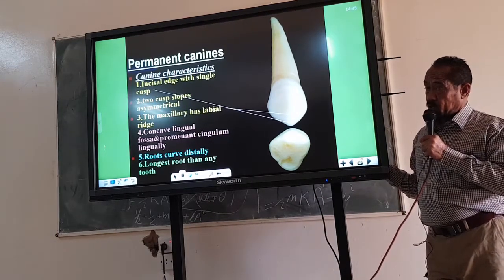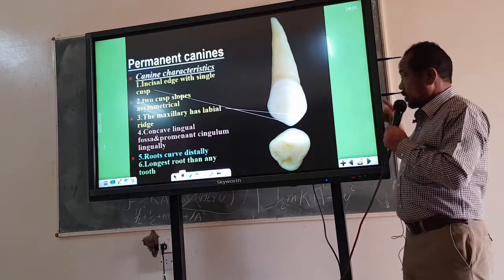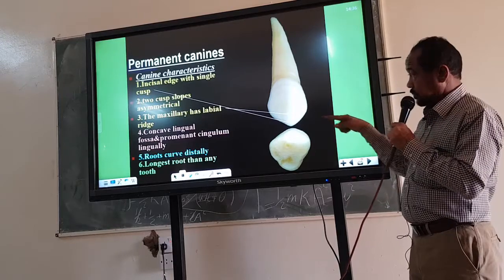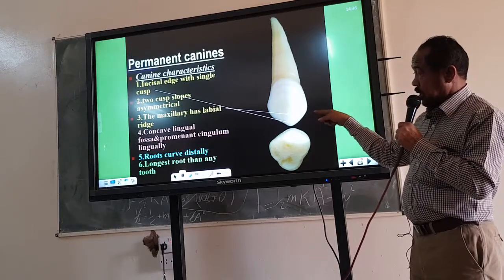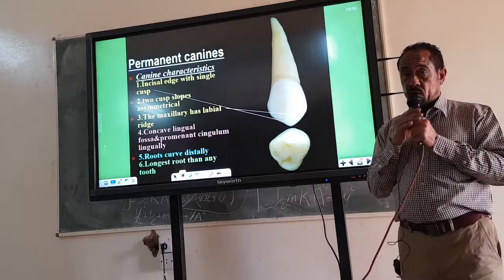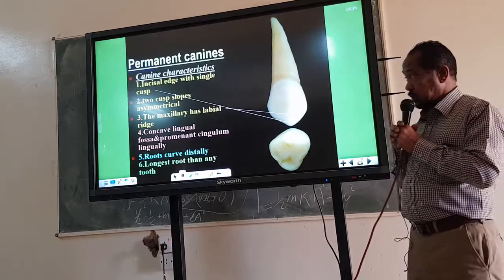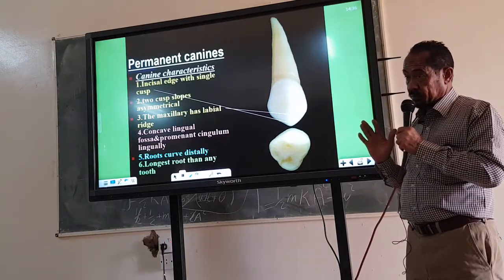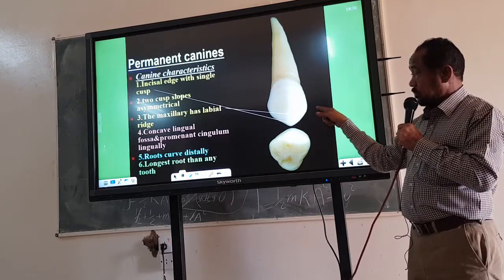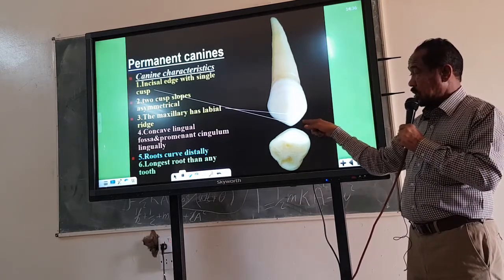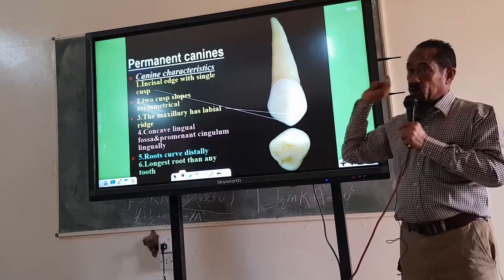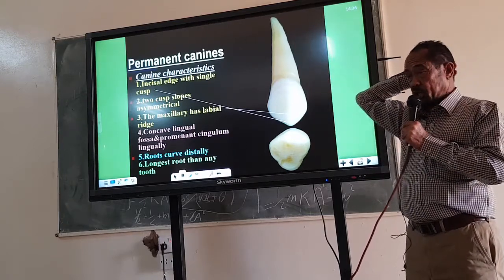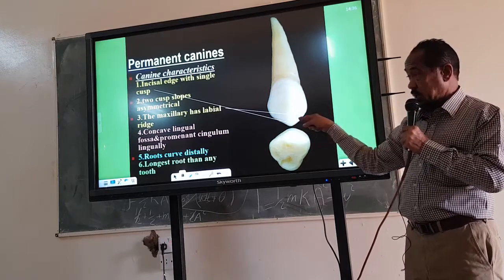From the cusp there are two cusp slopes, and these cusp slopes are asymmetrical. Which of them is longer? One is called mesial and one is called distal. What is this slope? Mesial, and this slope, how do we know? Root inclination tells us this is the distal and this is the mesial.